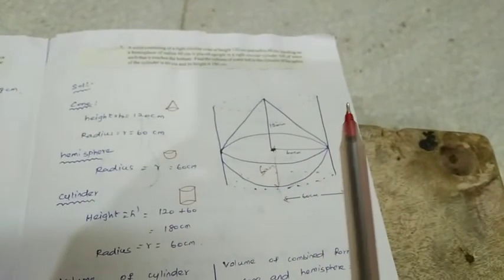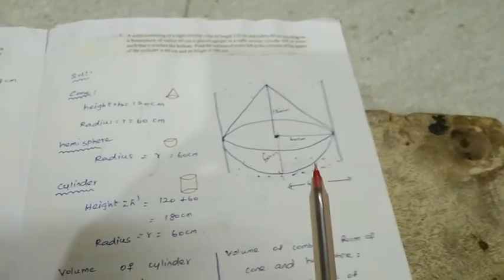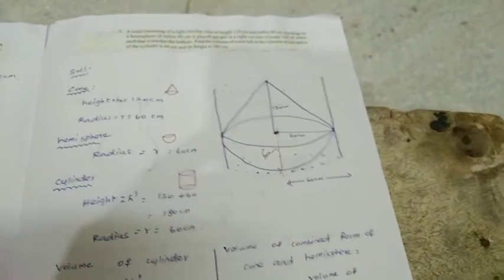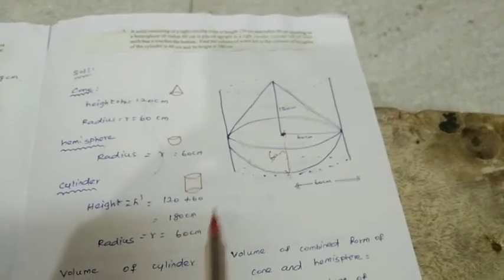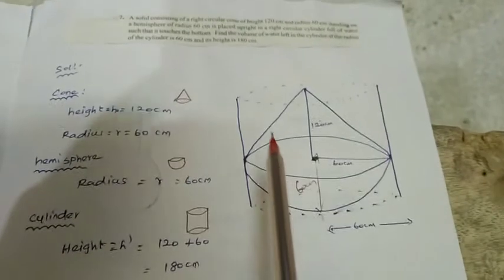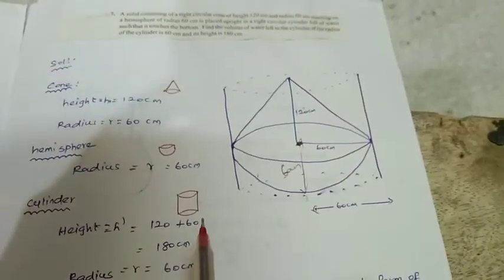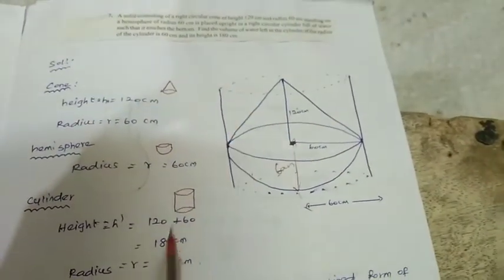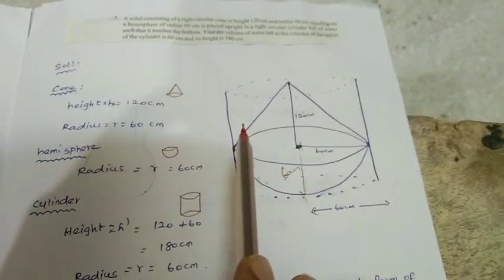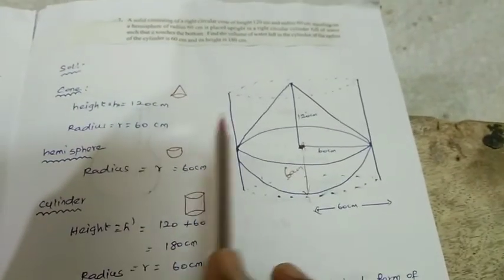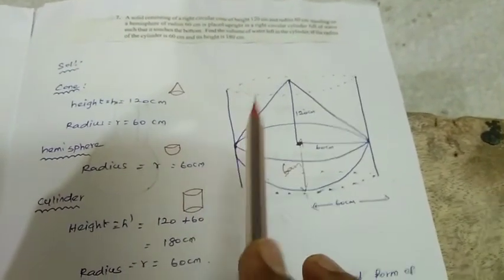volume of cylinder minus volume of the combined shape. Why? The question is to find the remaining water in the cylinder, the water left out. Some water is left out. What is that left out volume?